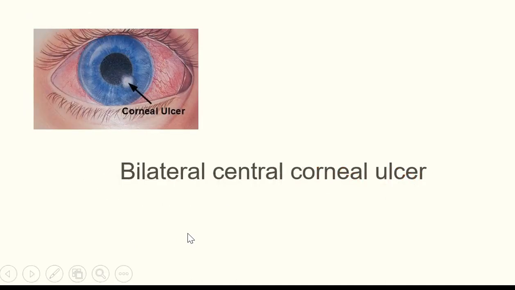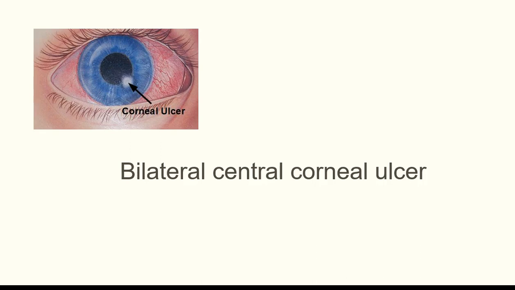Let's look at this one. Bilateral central corneal ulcer. So, what is the condition that the patient is experiencing? It wouldn't be bilateral because that is where it is. It's in both eyes. Central is a little bit more information about where it is.